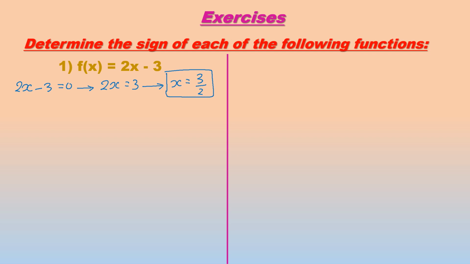Here is the representation: x and the sign of f of x. We have only one answer, so here is 0 and its value is 3 over 2.